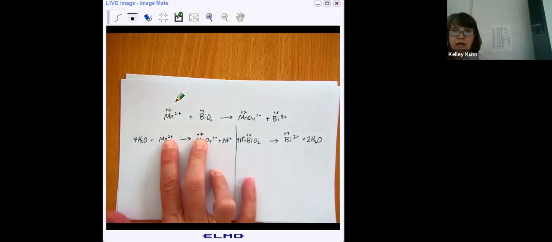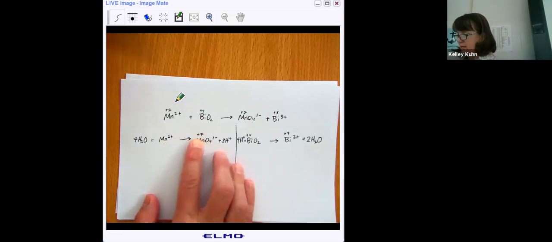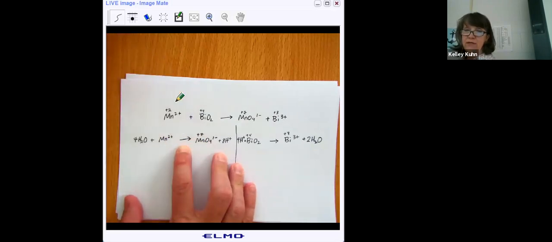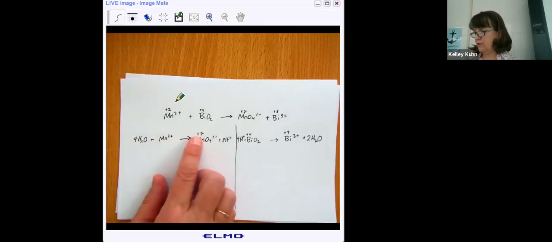So electrons are negative. What I would have to do to balance my +2 to +7 is a -5 on this side, which would make my oxidation numbers equal out to both +2. So you always add electrons to the side that has a more positive oxidation number. This is +2, this is +7.